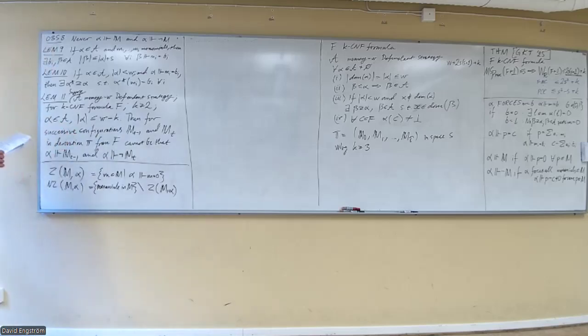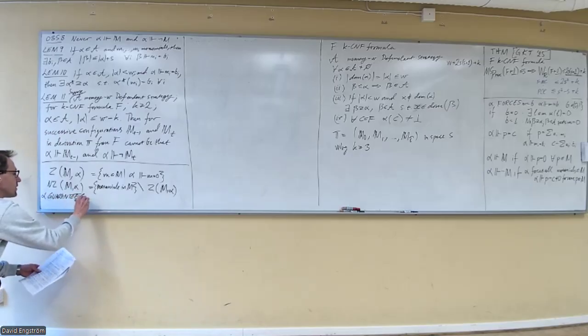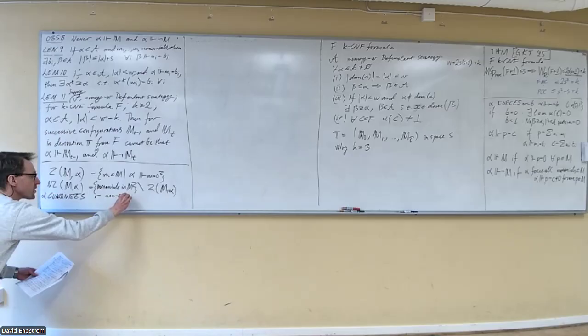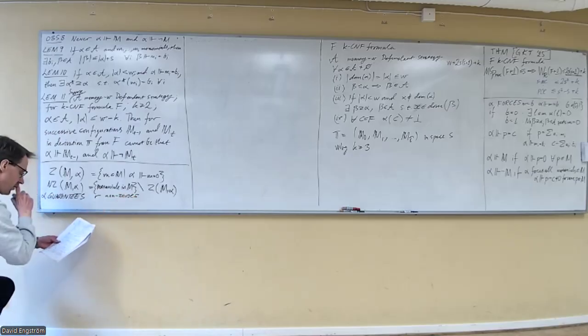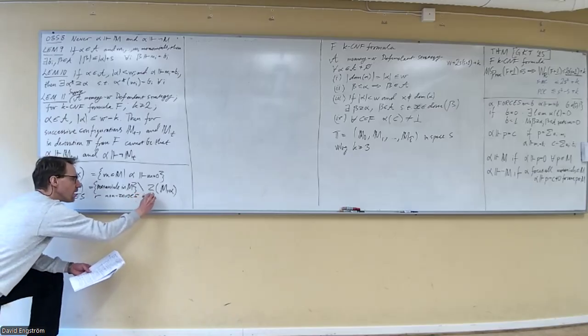And let me say that alpha guarantees R non-zeros. I'm writing it here because I'll try to keep this definition on the board. It's going to be a key definition for us.